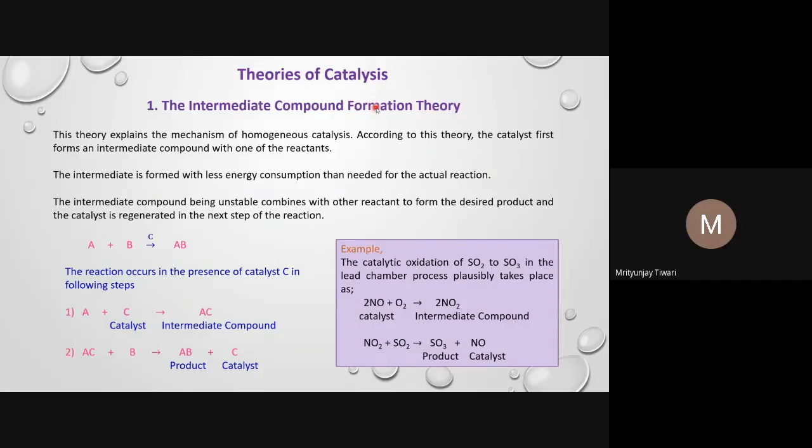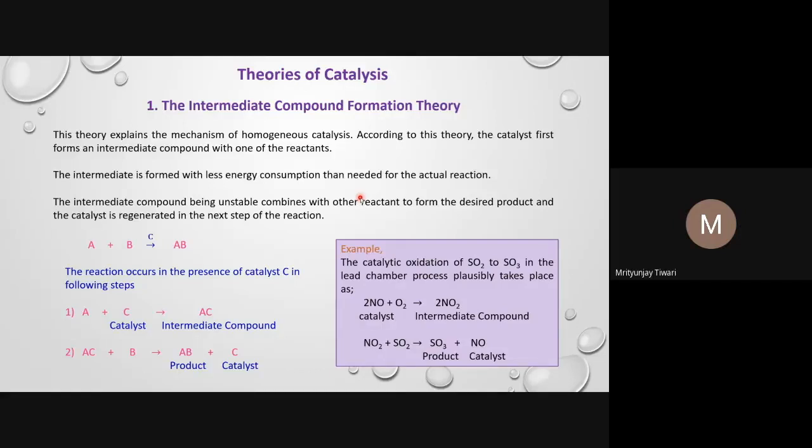So there are certain theories of catalysis, so let's see the theories of catalysis. The first theory is the intermediate compound formation theory. So how does the catalyst decrease the activation energy barrier? As you may remember, when I explained catalysis in our last chapter on chemical kinetics, I said that the catalyst gets involved in the reaction.